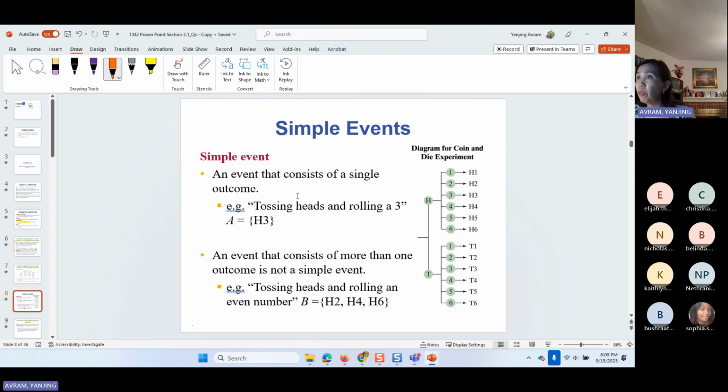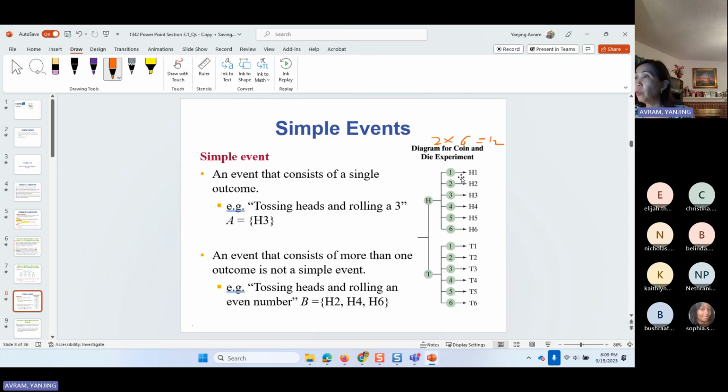So if you look at this one right here, tossing a coin and a die. The coin has 2 outcomes, a head or a tail, right? And then the die has 6 outcomes. So basically, you have 2 times 6, you're going to have 12 outcomes, okay?